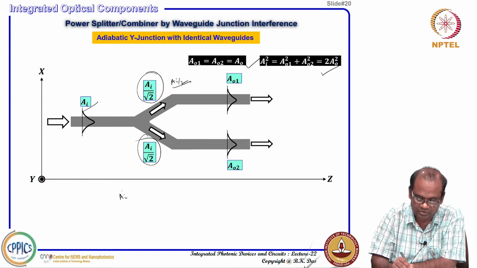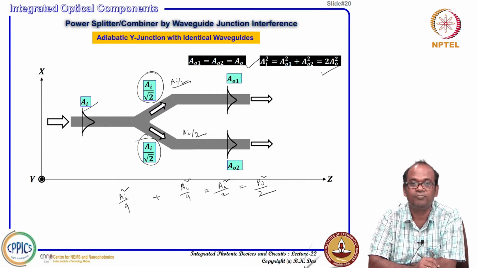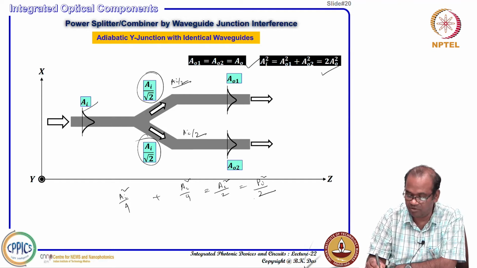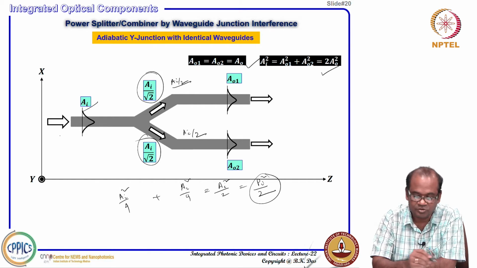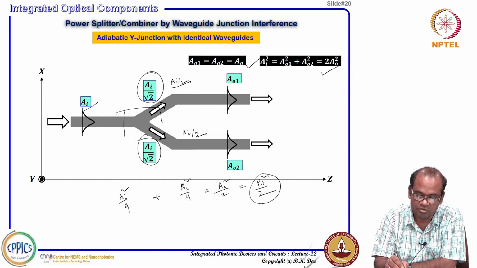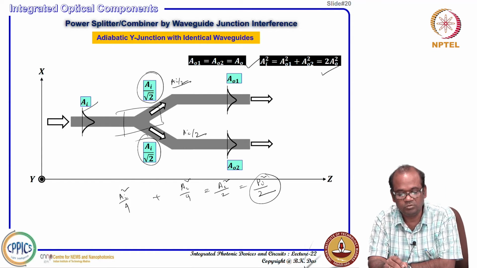It will be A_I square by 4, and here also A_I square by 4. If you add them, you will get just A_I square by 2, and you are considering this lossless. If it is lossless and you only get half of the power launched at the input waveguide, that is not correct. So for a lossless Y junction, when the amplitude is divided, the transfer function should be 1 by root 2.